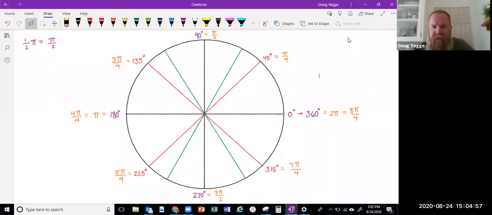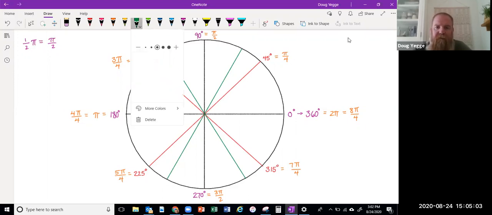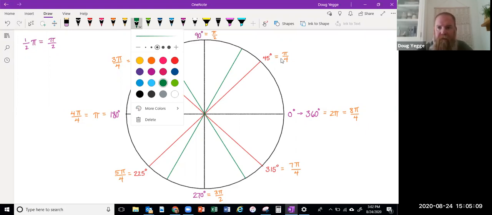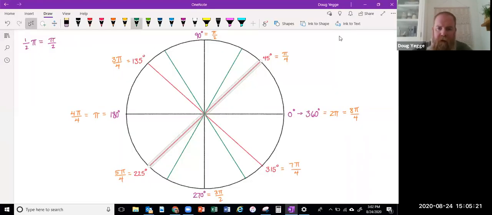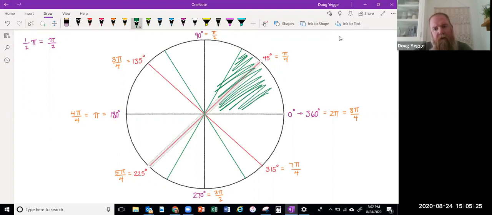I've now drawn some green lines that are going to represent our 60-degree angles. And the reason for this that you can hopefully see if you try to disregard the red ones is that this whole piece right here is going to be one part of 180 degrees.